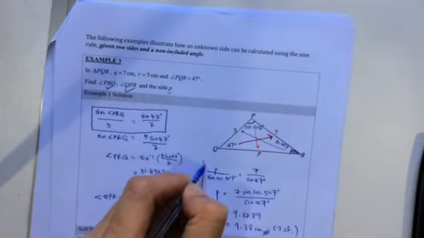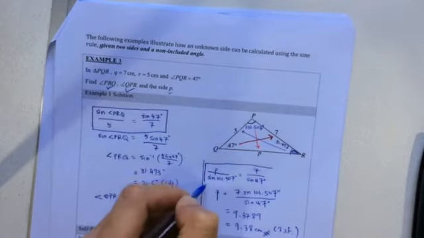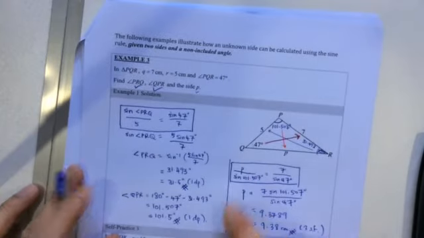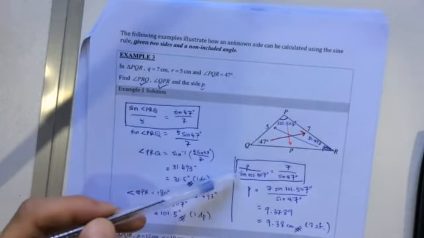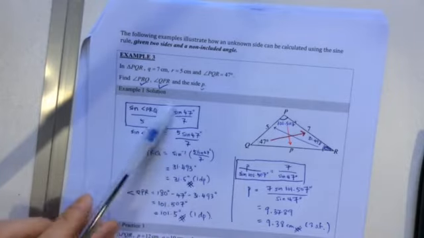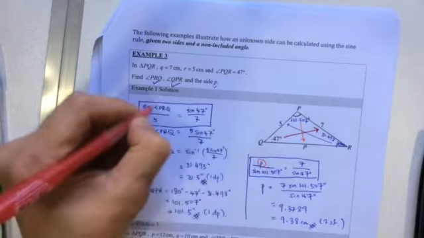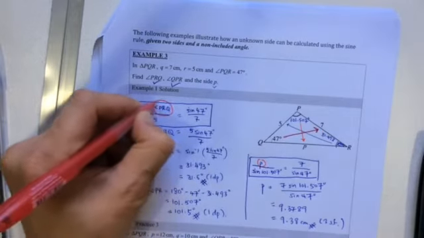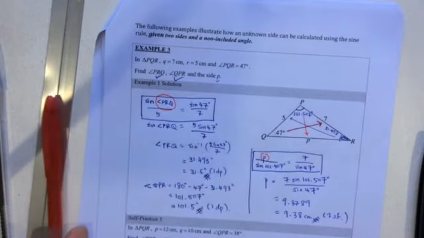And for the last unknown, to find P, you can use the usual version where we have the side at the top. So you can have sine at the bottom or sine at the top, depending on the question. Usually this will be the unknown. I like to put it at the top so that the rest will move, and then I'm left with what is at the top on the left.